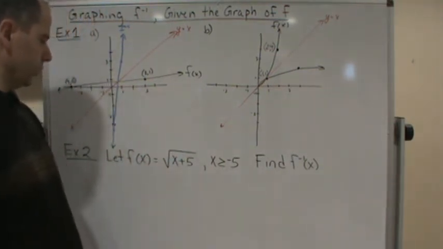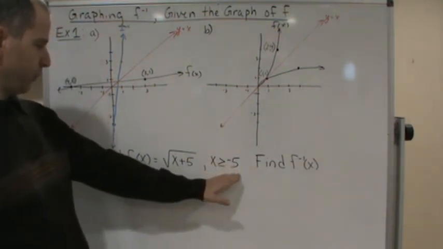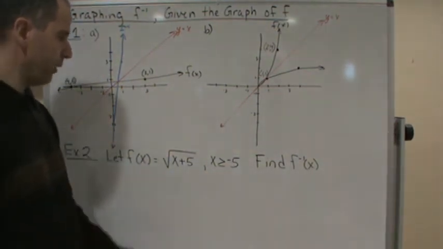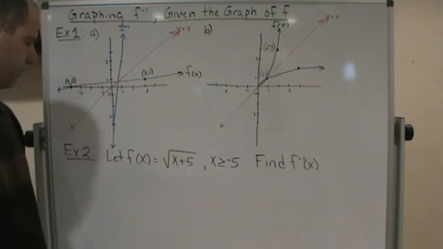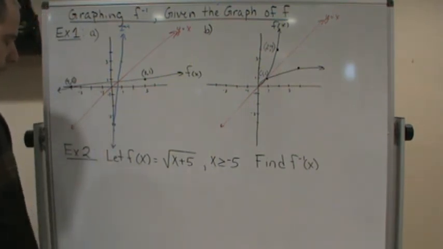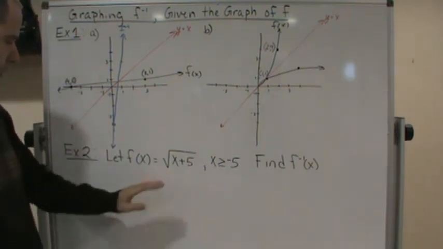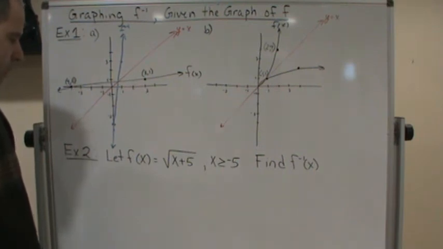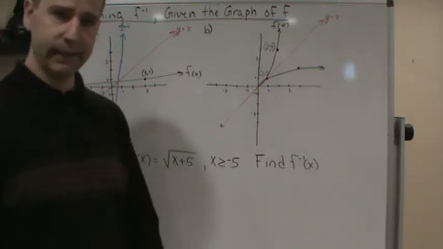Okay? So the restricted domain is anything greater than or equal to negative 5, and the range of this function is from 0 to positive infinity. So let's go through the steps of finding the inverse function.